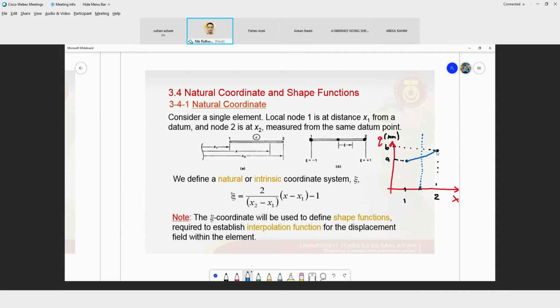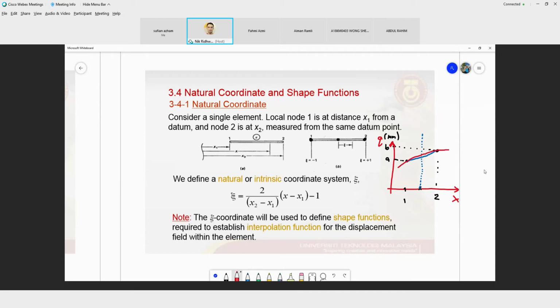But in the real case, it may not behave like that. Dia mungkin boleh jadi follow to certain parabolics lah kan, usually in parabolics lah, ataupun polynomial punya curve.